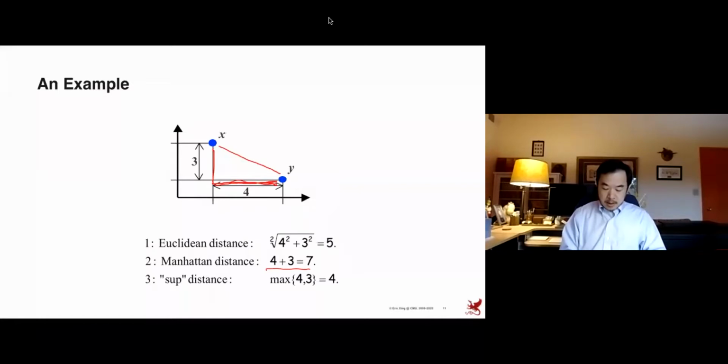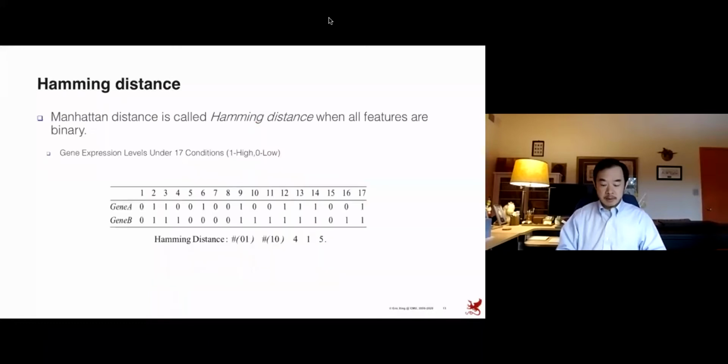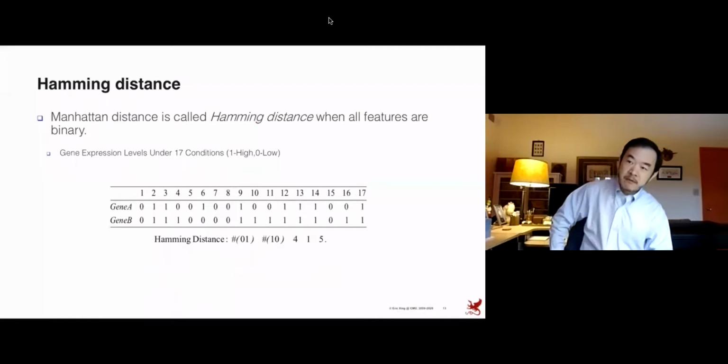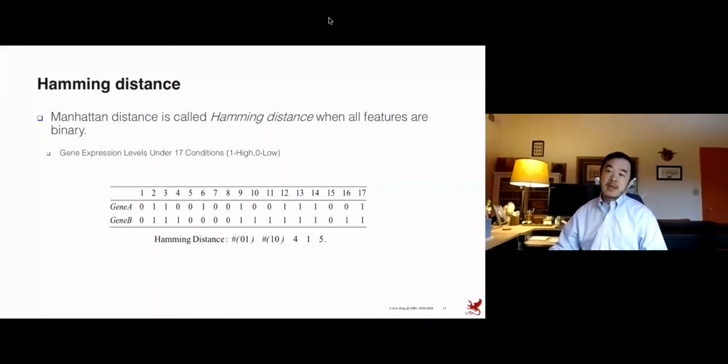And typically, a clustering algorithm will have the flexibility of choosing between all these distance functions, for whatever purposes they want to achieve. For example, very often in information theory, in communication theory, people use a distance called the Hamming distance. Okay, the Hamming distance is basically the Manhattan distance when the features are binary.